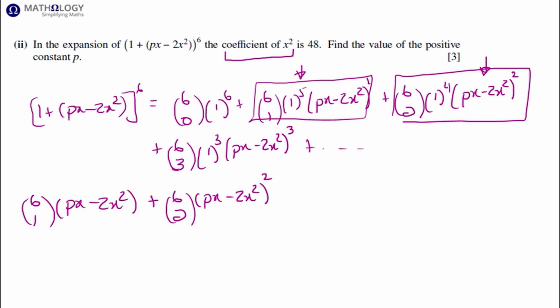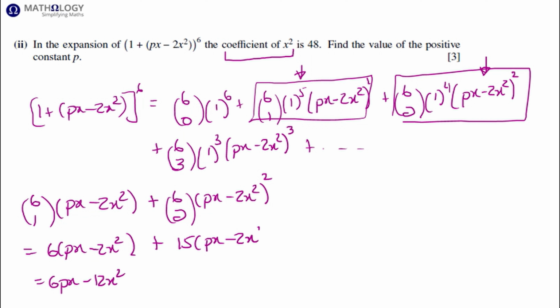Now first we're going to simplify this. 6 choose 1 will be 6, and that's times (px - 2x squared), which is 6px minus 12x squared. And then we have 6 choose 2, which is going to be 15 times (px - 2x squared) all squared.